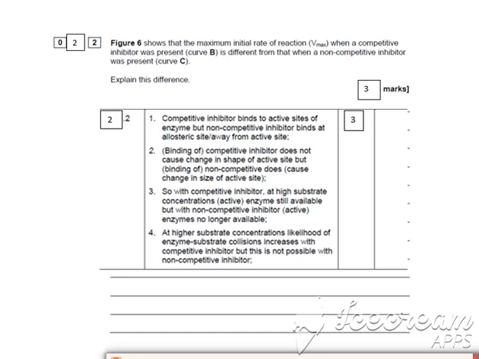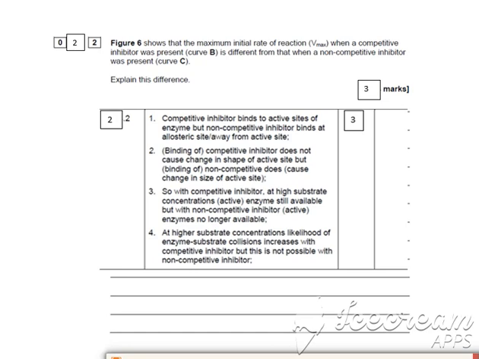So if you increase the substrate concentration, at a higher substrate concentration, you are much more likely to get a successful collision between an enzyme and a substrate than an enzyme and the competitive inhibitor. So therefore the rate of reaction is likely to continue to increase.